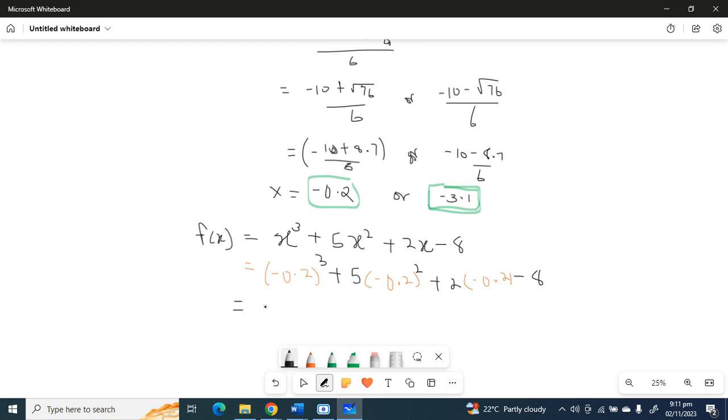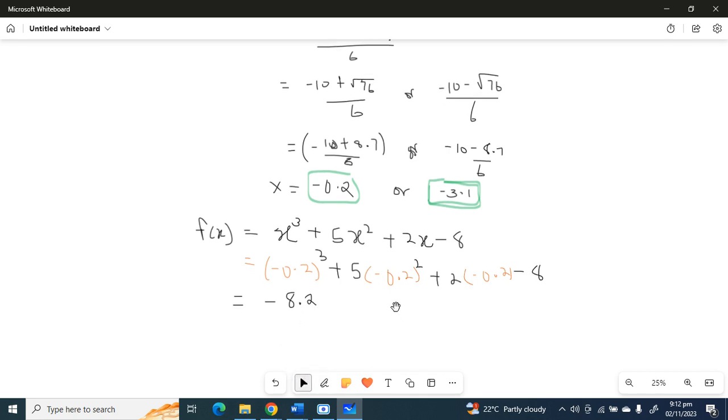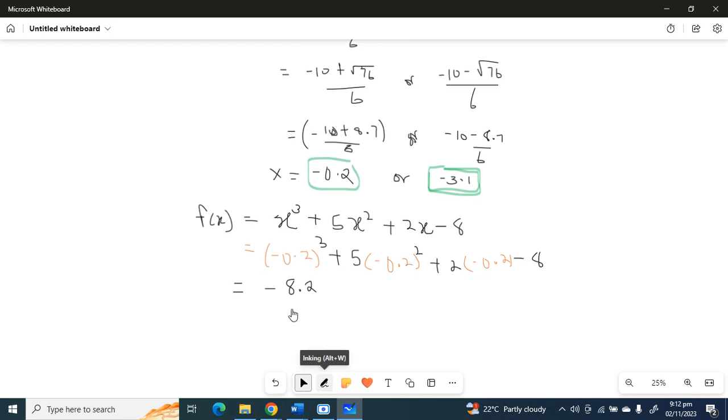So you get negative 8.2. I hope you're both getting this value. So the first coordinate is negative 0.2, negative 8.2.